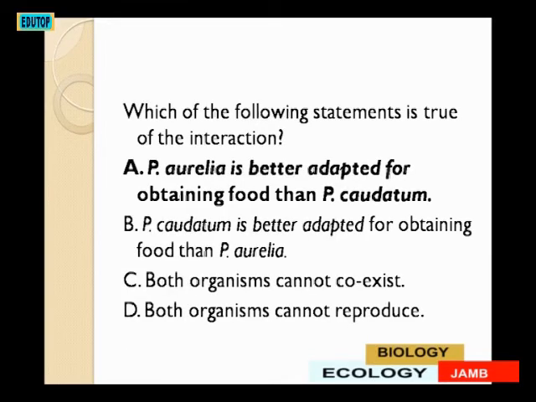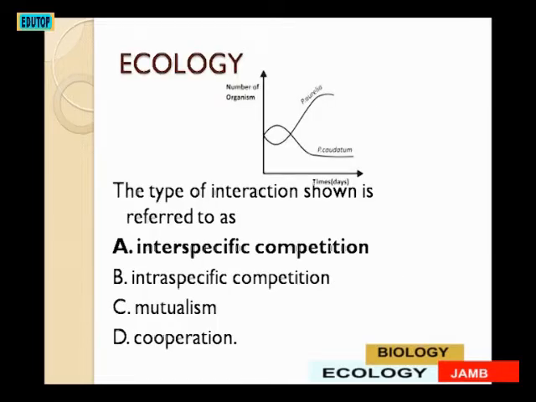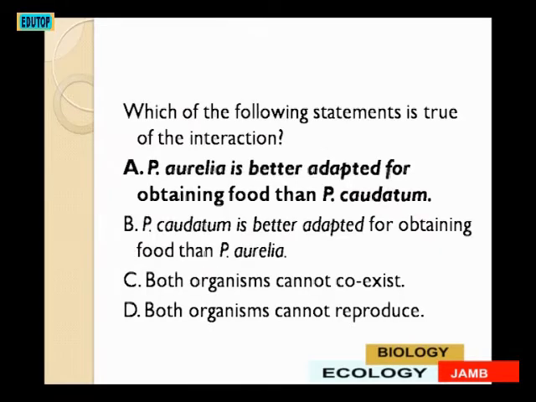The next question says, which of the following statements is true of the interaction? When you look at the graphical representation of the interaction, option A says P. aureola is better adapted for obtaining food than P. caudator. B says P. caudator is better adapted for obtaining food than P. aureola.